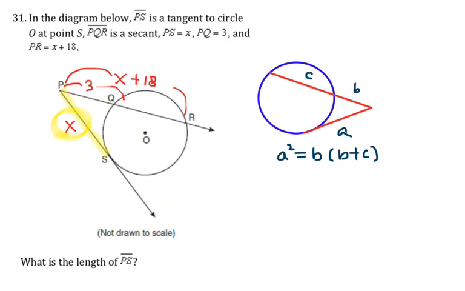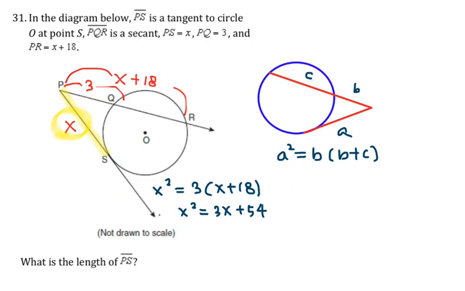So therefore, our equation would be X squared is equal to 3, which is the outside line segment, times the whole thing, which is X plus 18. Then here we get X squared is equal to 3X plus 54.